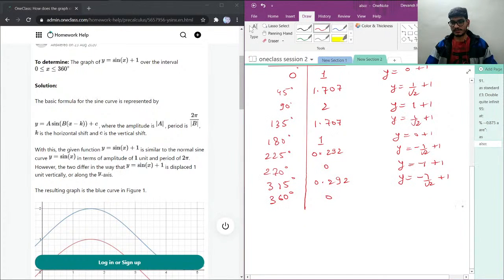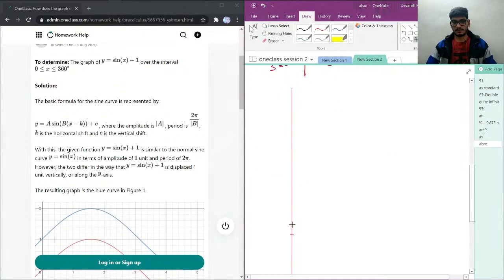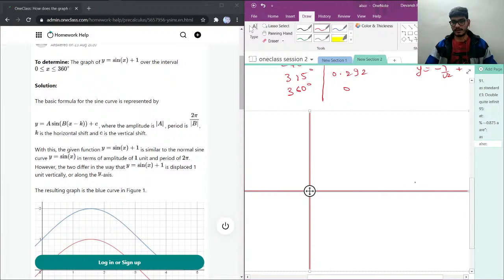So let's go for the axes. Quickly I'll write 0 degrees on x, then 45, 90.